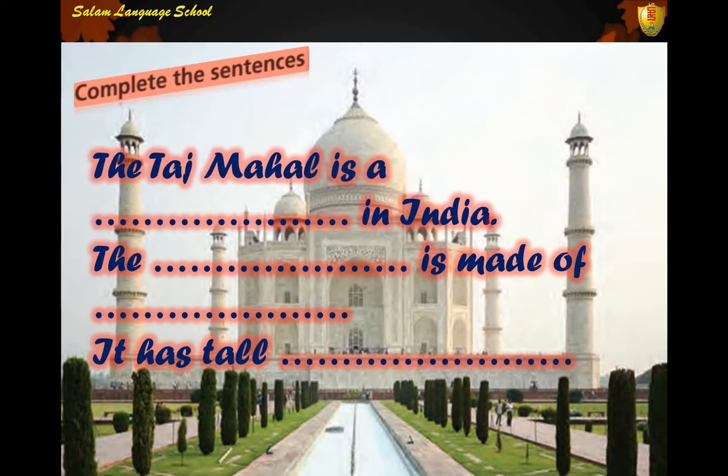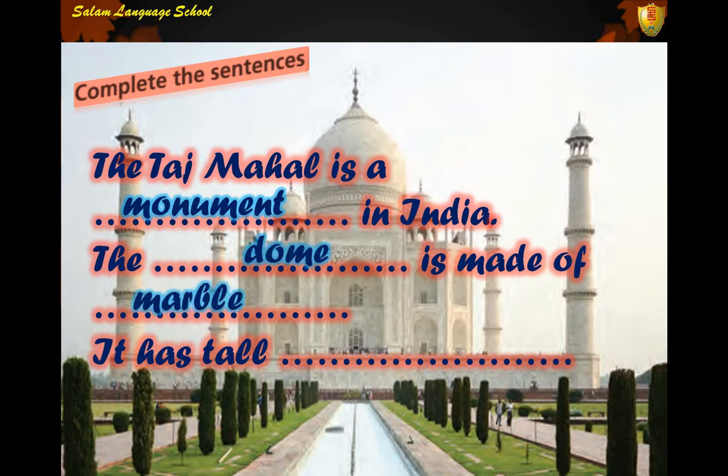So the answers here, and I told you before to pause the video if you need more time to think about the answers. The Taj Mahal is a monument in India. The dome is made of marble. It has tall minarets.